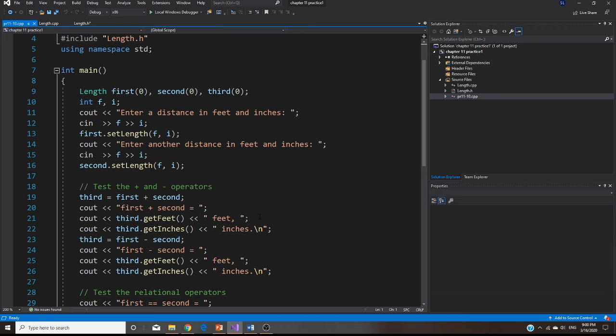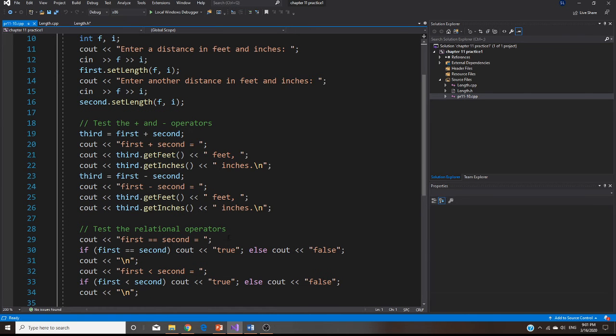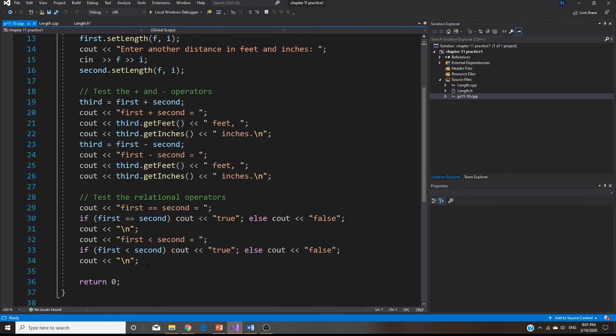To get feet, divide by 12, and to get inches, mod by 12, the remainder. And we can subtract, and we are going to check whether they are equal, and check whether the first one is smaller than the second one.